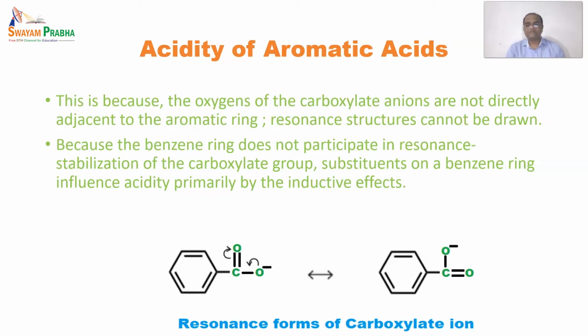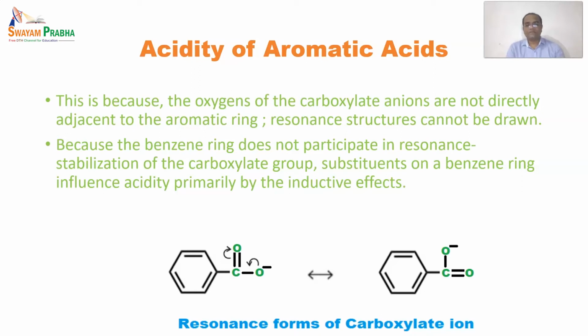So whether the acidity will increase or decrease will depend on electron withdrawing or electron donating substituents. Such kind of effect we call plus I effect or minus I effect, which is related to the inductive effect. Plus I effect and minus I effect define what kind of charge is increased on the aromatic ring.